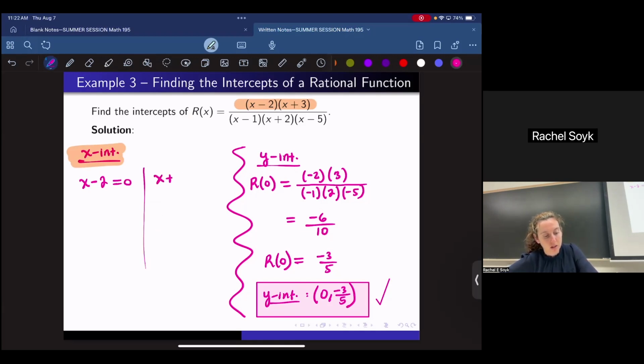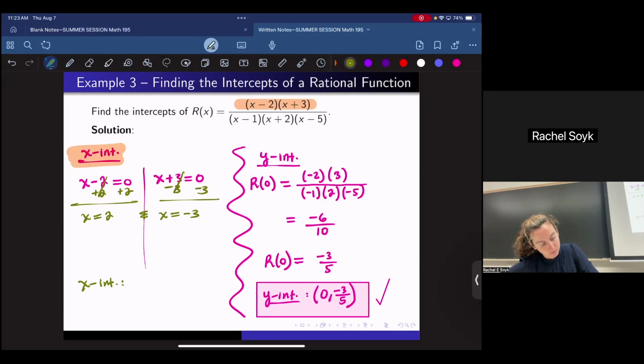And then x plus 3, we set that equal to 0, which means our two x-intercepts are going to be +2 and -3. So in coordinate form, we'll put it in ascending order: (-3, 0) and (2, 0).